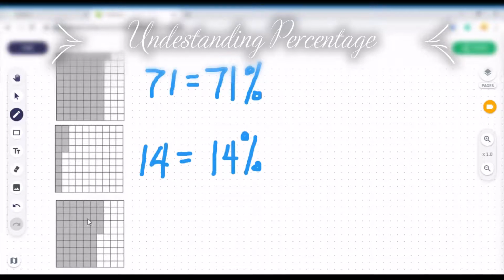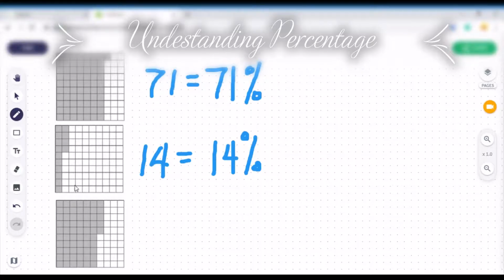So the last example, write the percentage of the shaded squares for the given grid. Let us count this. We all know that this 10 by 10 grid has 100 squares.